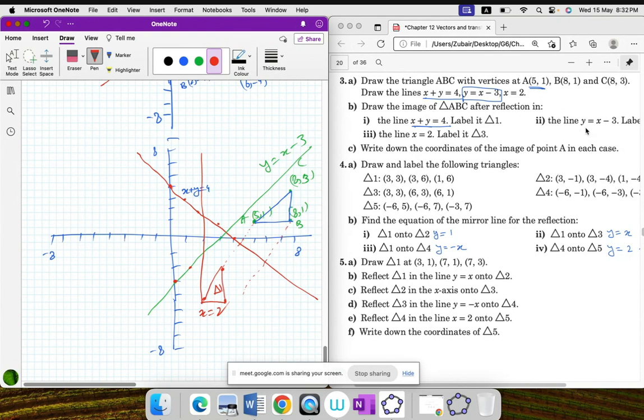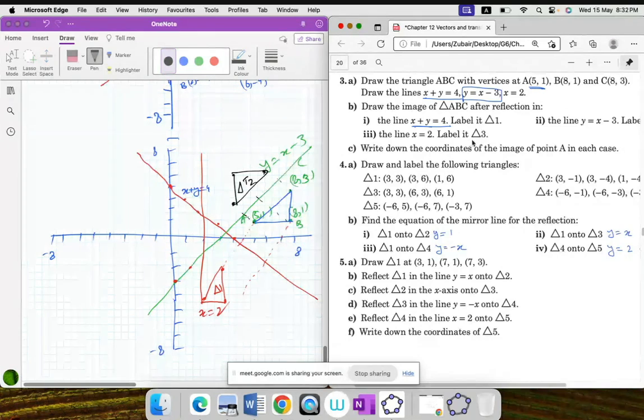Then it says reflect in the line x is equal to minus 3. So x is equal to minus 3 is right next to it. This point appears here, this point will appear here, and the triangle looks like this as triangle T2.